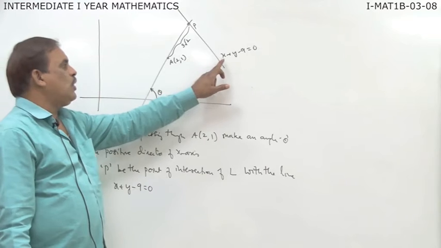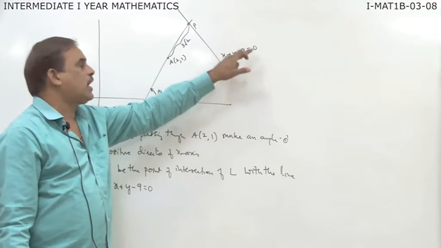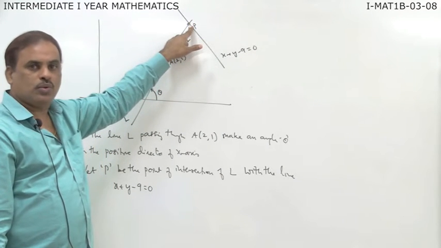L మరియు x plus y minus 9 is equal to 0 అనే సరళ రేఖలు P అనే బిందువు వద్ద ఖండించుకుంటున్నాయి అనుకుందాం.